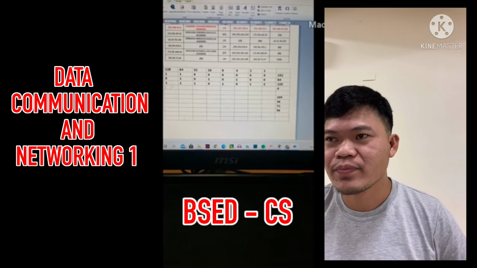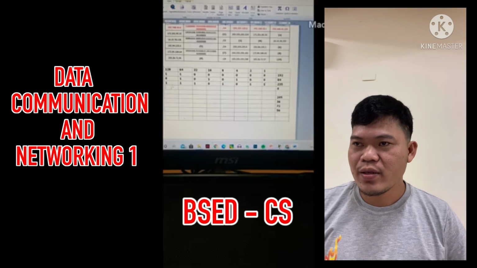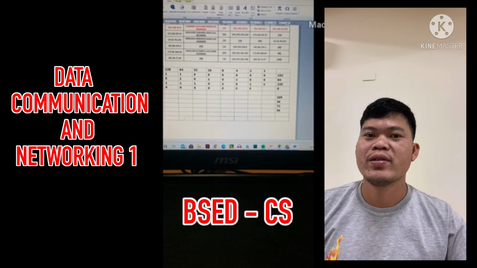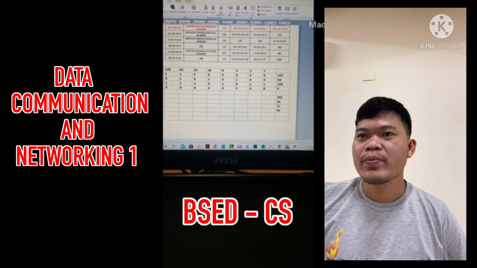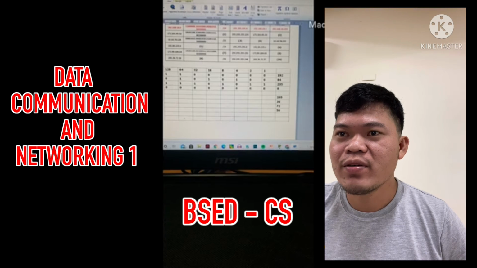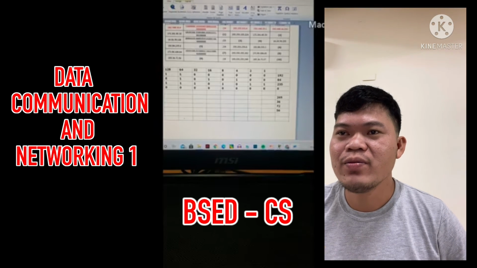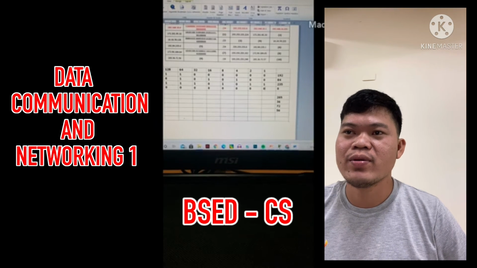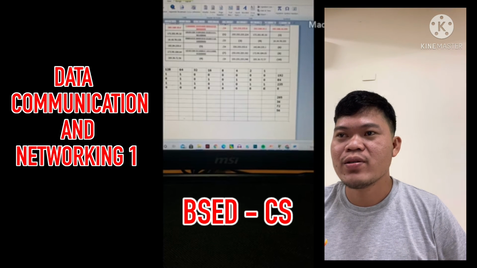And this 0 is equivalent to 0, 0, 0, 0, 0, 0, 0, 0. So therefore, the answer for number 5 is 1, 1, 0, 0, 0, 0, 0, 0, then 0, 1, 0, 1, 0, 1, 0, 0, then 1, 1, 1, 0, 1, 0, 1, 1.